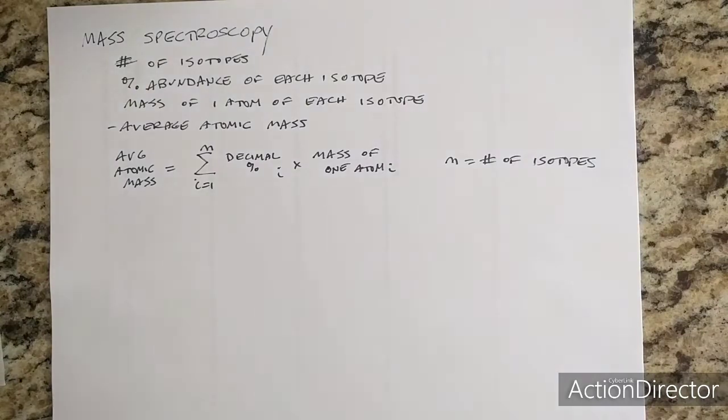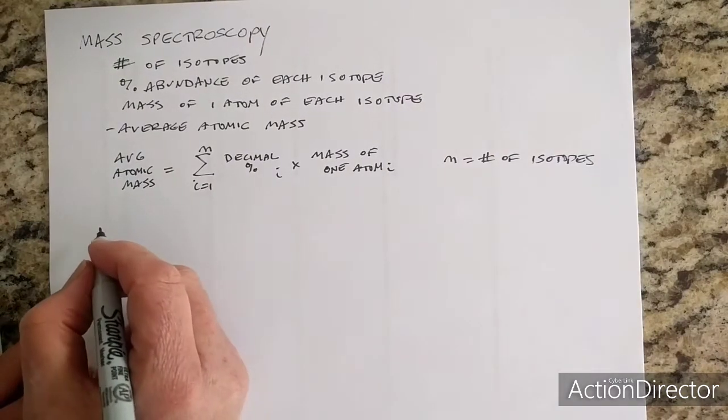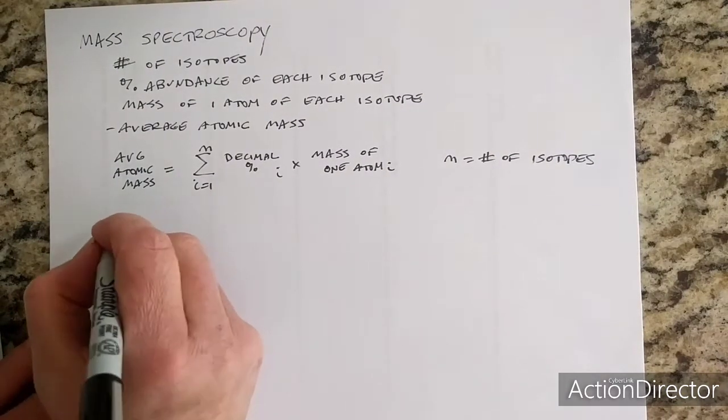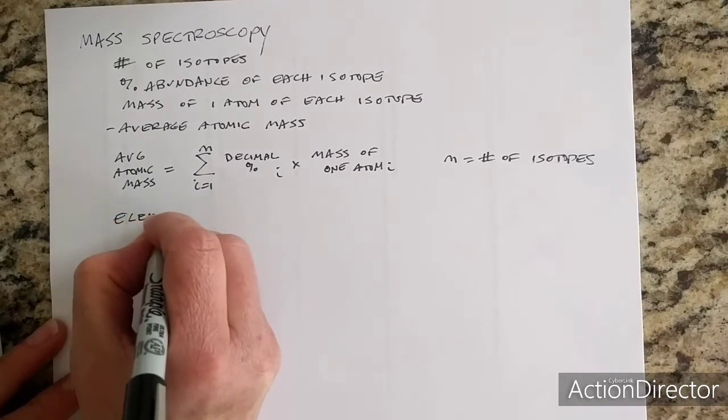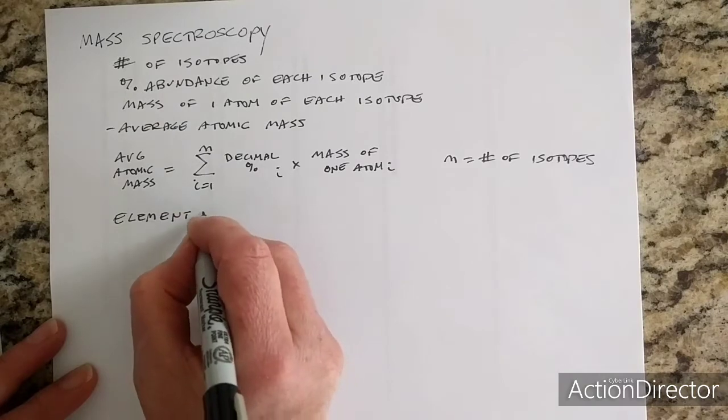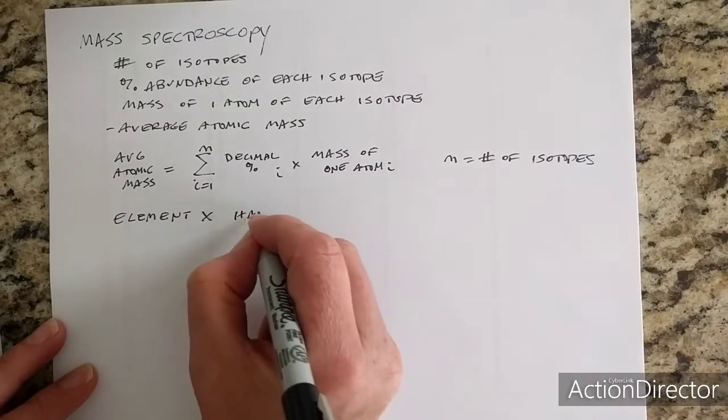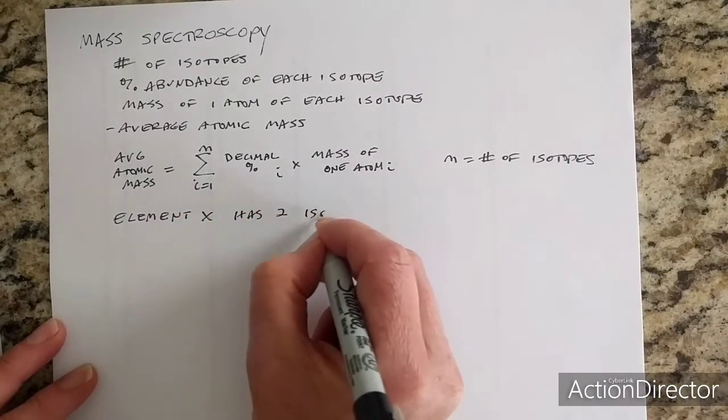So we'll do an example problem here, and I'm just making up these numbers. You can't go looking on your periodic table and find the element for this. All right, so we're going to say that our element X has two isotopes.